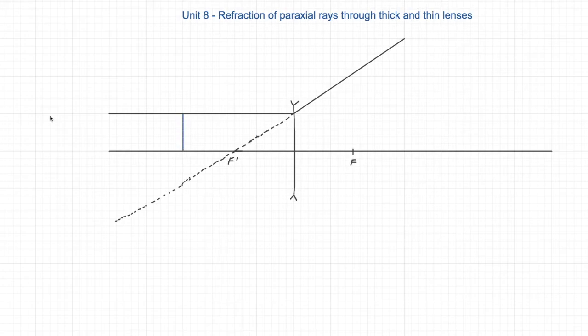Now we'll construct objects and images at a minus or concave thin lens. So real object 1 produces a virtual and erect image 1'. Real object 2 produces a virtual and erect image 2'.